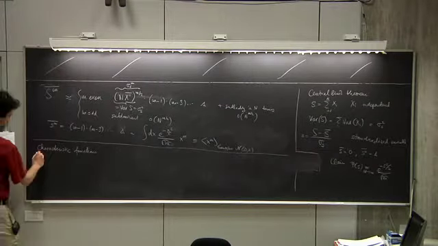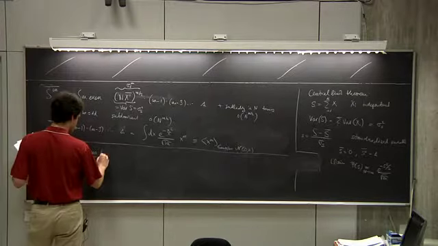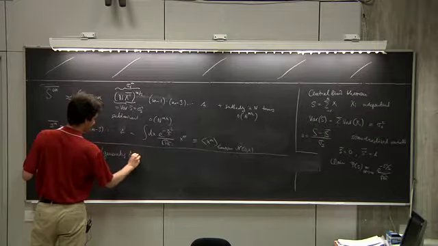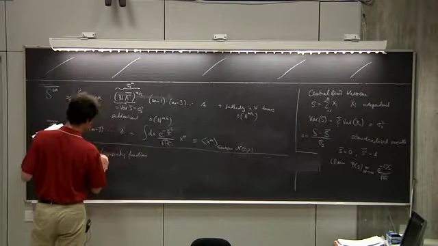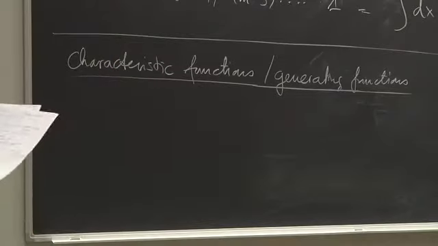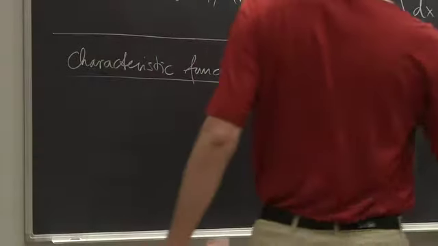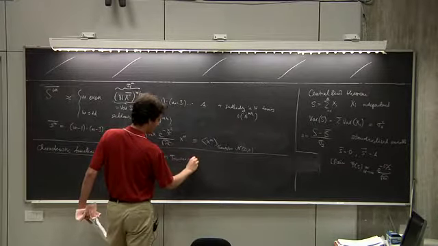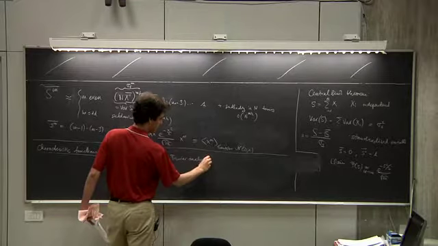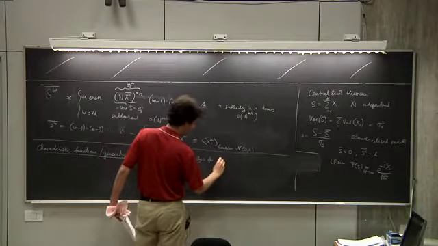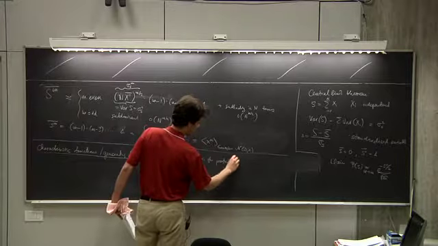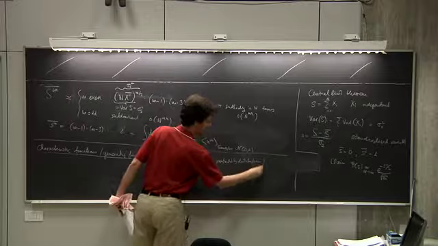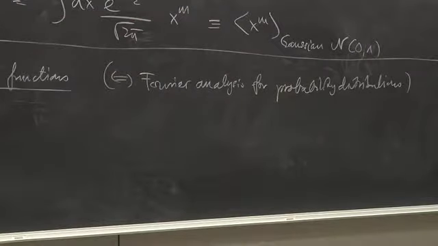Characteristic functions or generating functions are actually a very nice mathematical idea, and they are actually the analog of, say, Fourier analysis for probability distributions, as you will see just now. Okay. So I guess you have seen Fourier transforms, right?